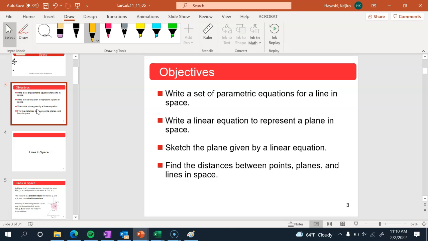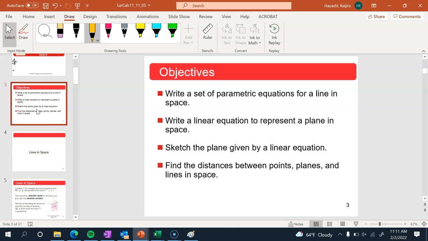Okay, so we're going to move from vectors to lines and planes. Lines are similar to vectors, but they're not exactly the same. We're going to use vectors to describe these 3-dimensional mathematical objects.